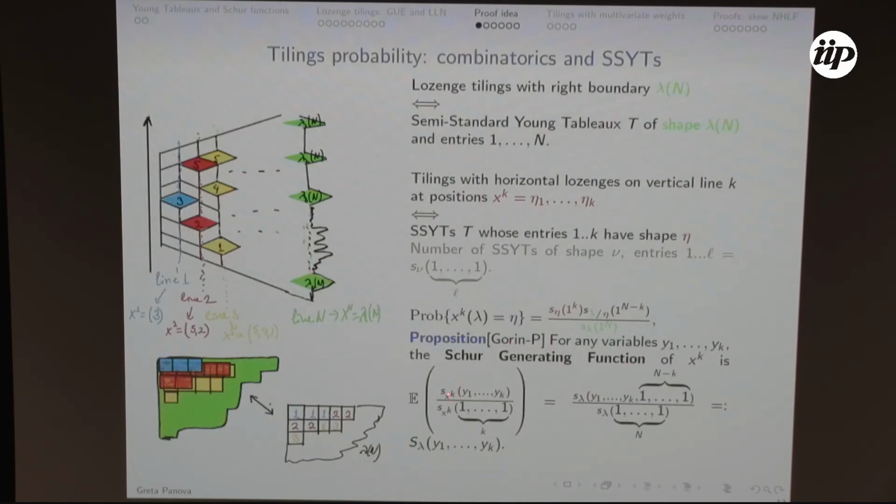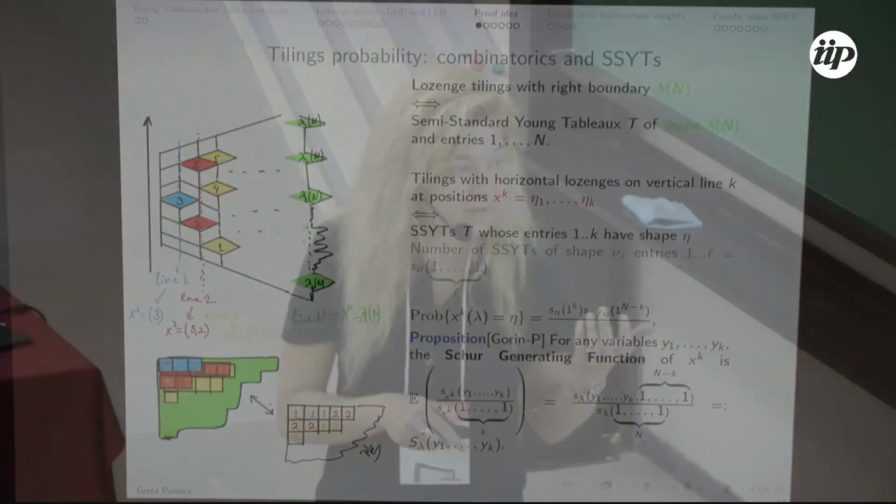Then it is some kind of a partition, and then we take the expectation of the Schur function corresponding to this random partition, evaluated at these formal variables y1 up to yk, and normalized.